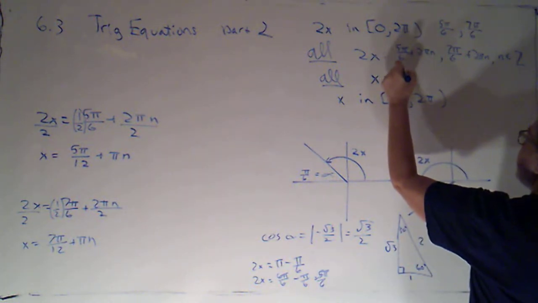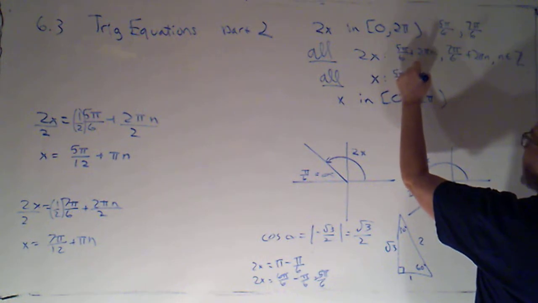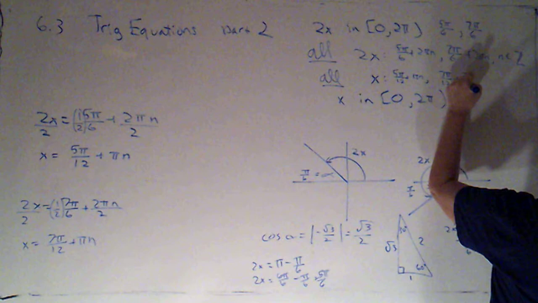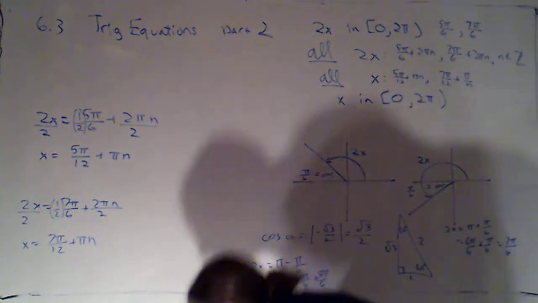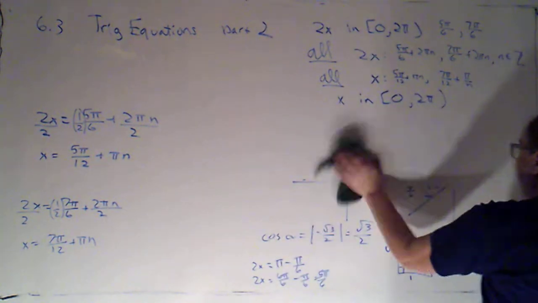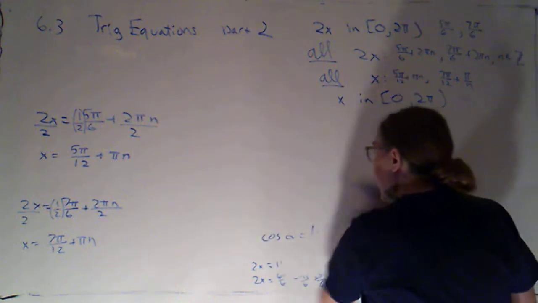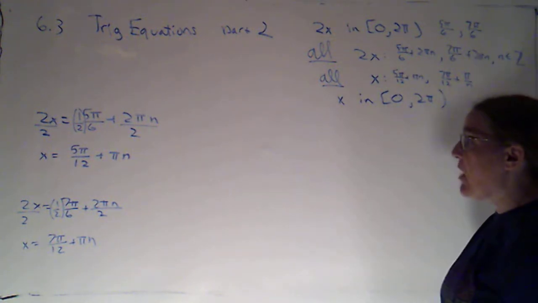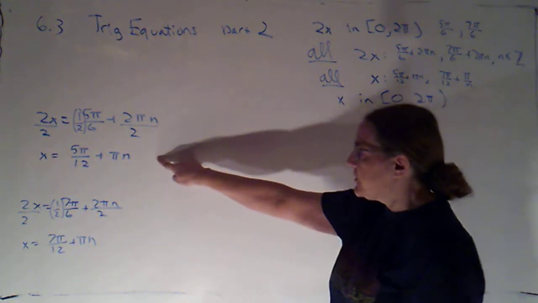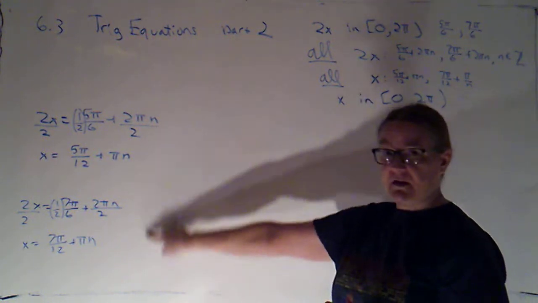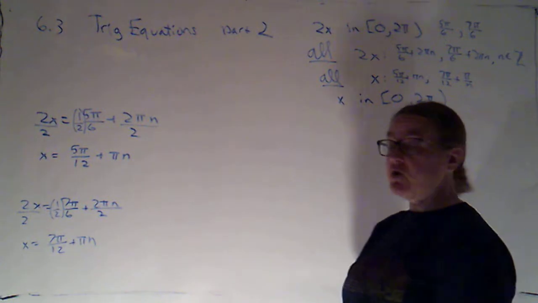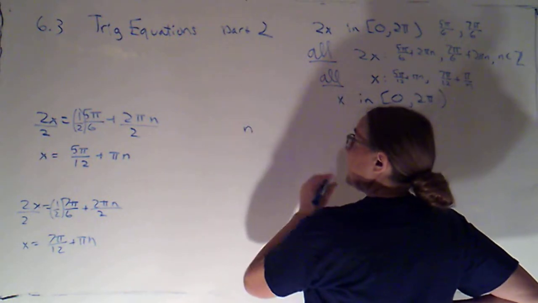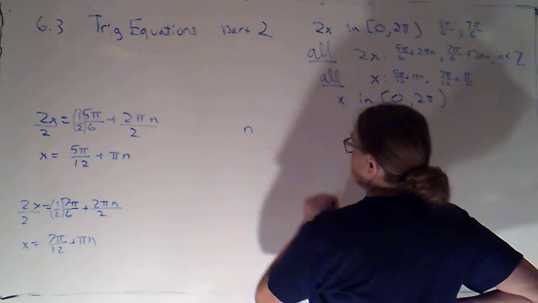So I've got 5 pi over 12 plus pi n, and I've got 7 pi over 12 plus pi n. Now I need to find all x values that are between 0 and 2 pi. They're going to follow one of these two formulas, and I'm just going to record what n is and then what x is.